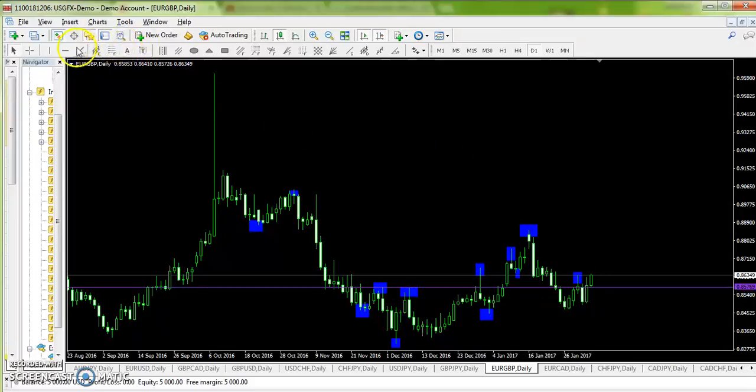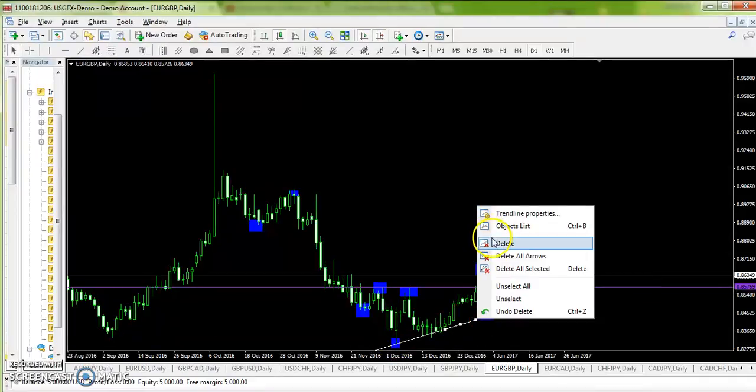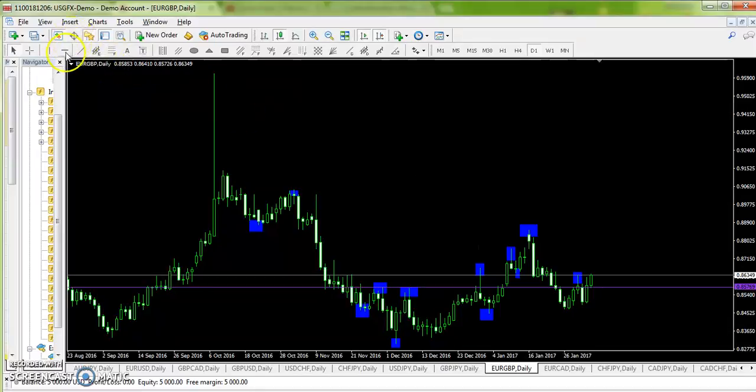So I only need to have a trend line indication. Sometimes you get a bit confused, okay, this is the point, right?